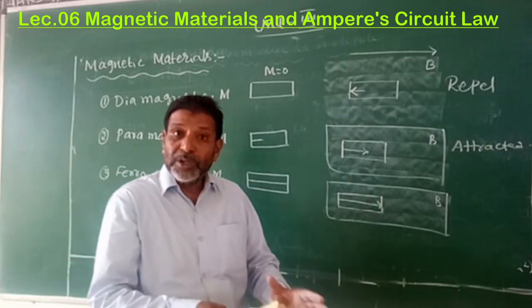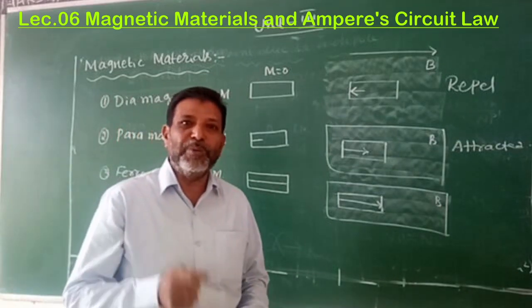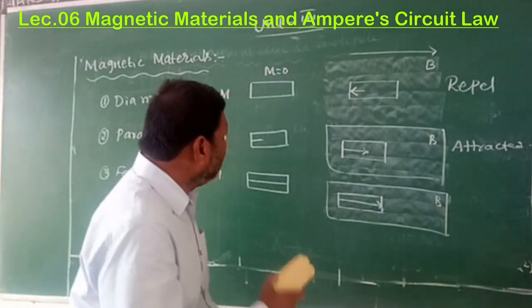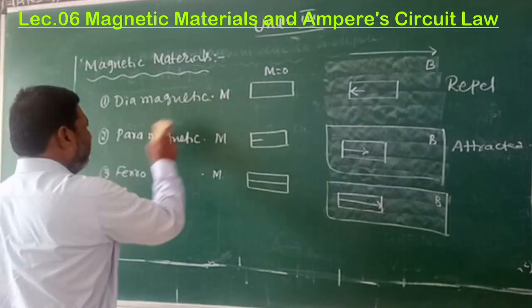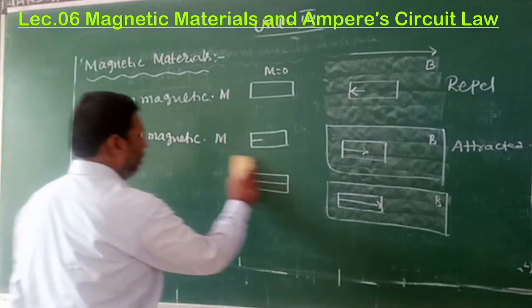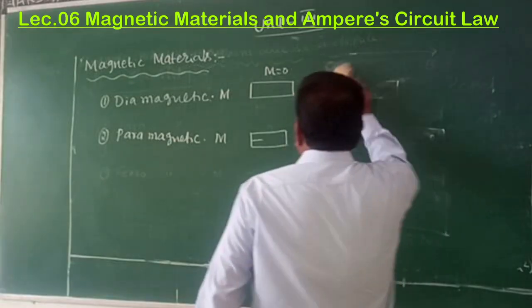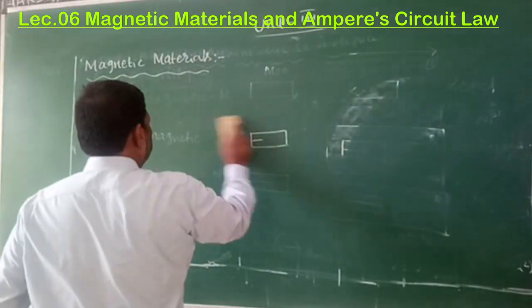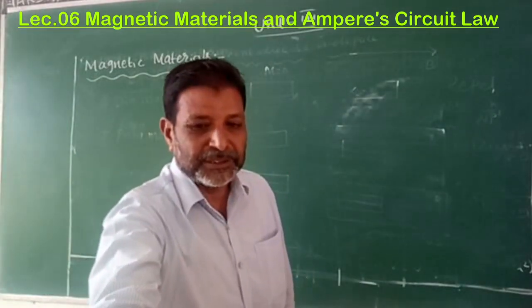Therefore, this is diamagnetic, paramagnetic, and ferromagnetic material. Now, let us try to understand the properties of these materials one by one. First, let us come to the properties of the diamagnetic materials.